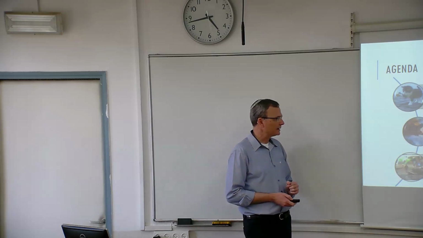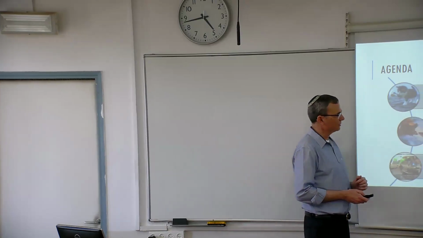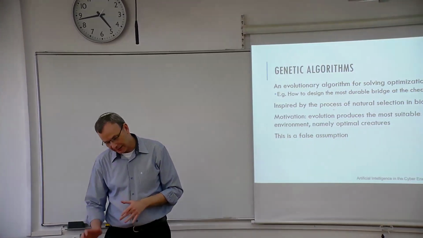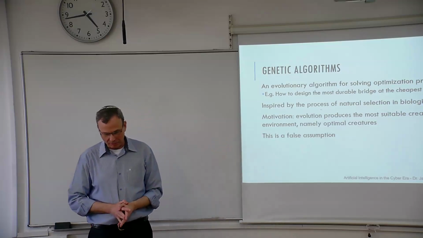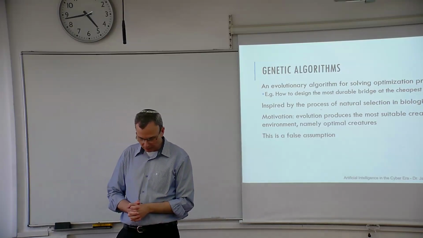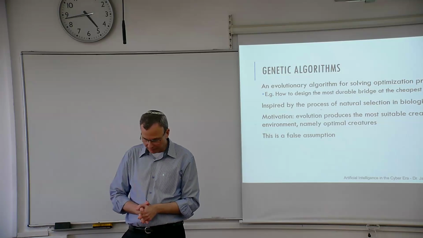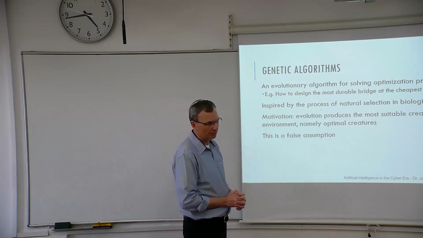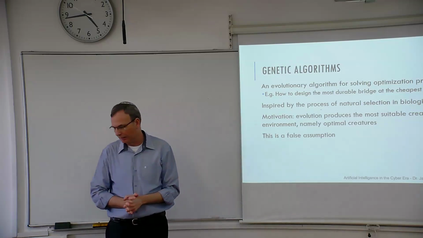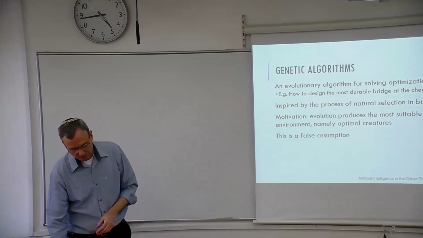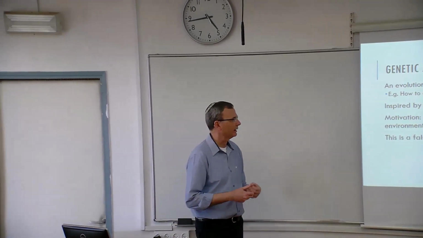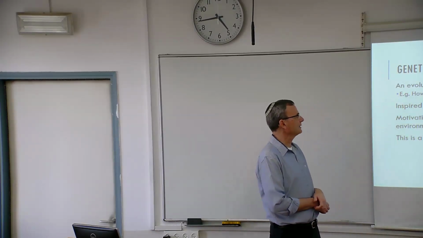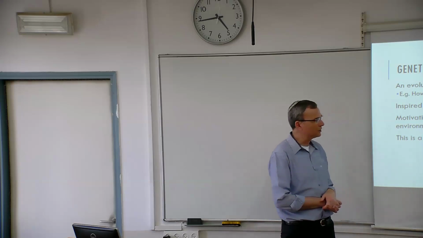Okay. The next thing that I'm going to describe to you is called genetic algorithms. Again, there is a family of those type of algorithms, all of them called evolutionary algorithms, and all of them are used basically to solve optimization problems. There are many, many problems in our world where we would like to get an optimized solution. For instance, I will use this example: how to design the most durable bridge at the cheapest cost.